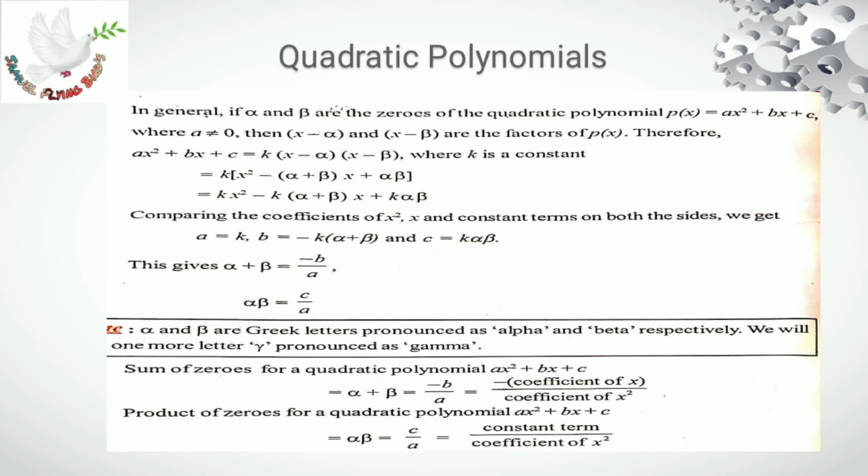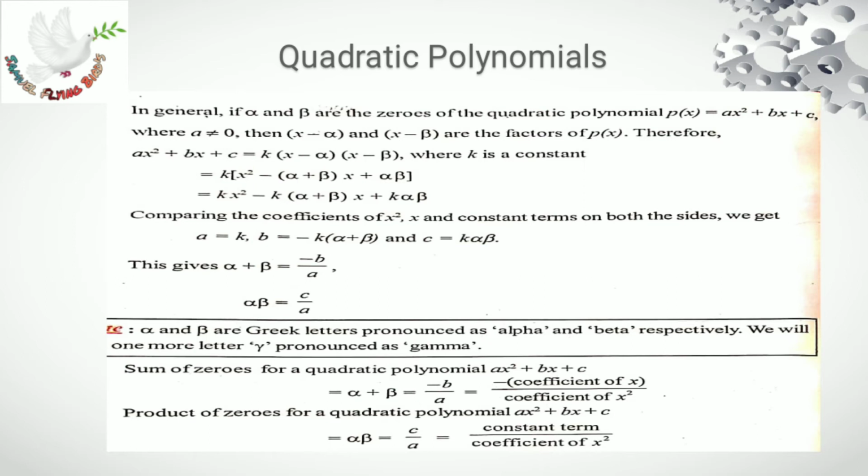Note that alpha and beta are Greek letters, pronounced alpha and beta respectively. We will have one more letter, gamma. The sum of the zeros of a quadratic polynomial ax square plus bx plus c is alpha plus beta equal to minus b by a.